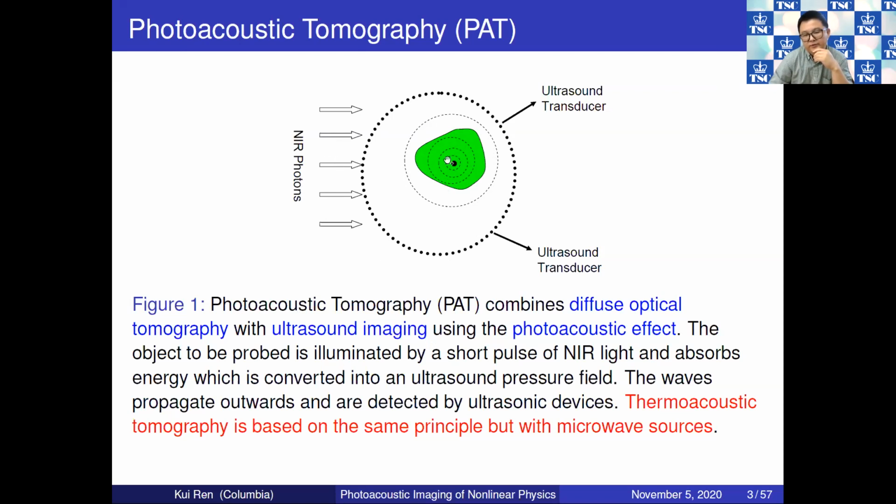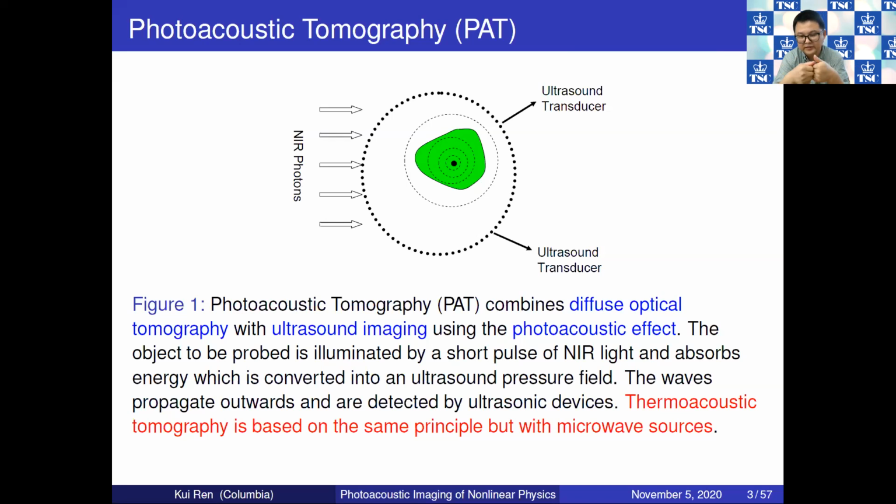Basically, when you send photons into this medium, the medium absorbs those photons. Once they absorb photons, they get heated. When they get heated, they expand, because this is an elastic medium. This expansion becomes a contraction if you stop the photons. So if you send a quick pulse, after the photons have passed through the medium, it will cool down.